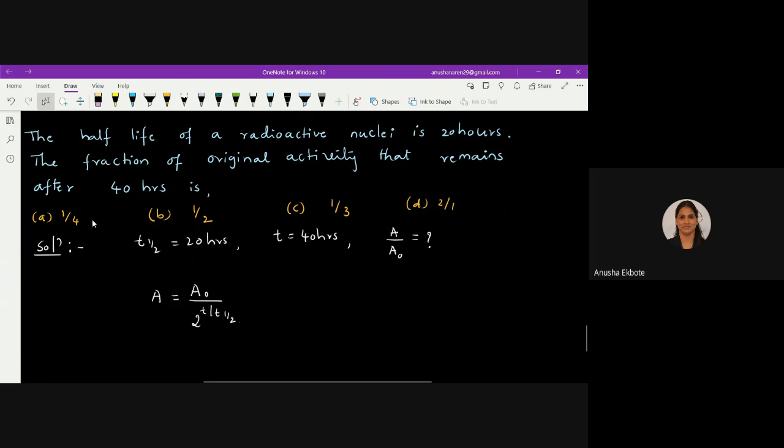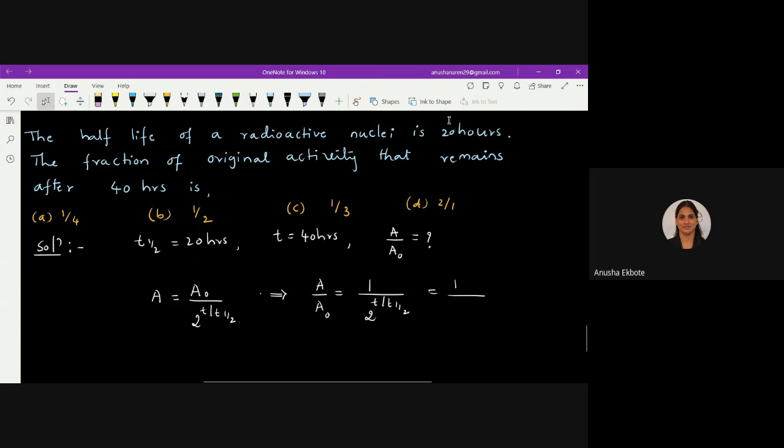To use this equation, we can directly substitute. First, I will modify this equation in this form: A divided by A naught is what is required on the left hand side. So the right hand side remains 1 divided by 2 raised to T divided by T half. Now substitute the values.